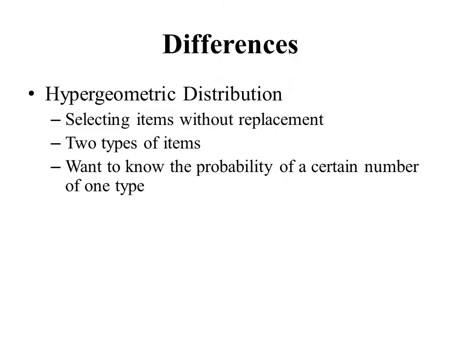Now these two distributions are very similar, and sometimes it's difficult to determine which type of distribution we're dealing with. So let's summarize these two distributions. In a hypergeometric distribution, we are selecting items without replacement. And we have 2 types of items, and we want to know the probability of a certain number of one type.